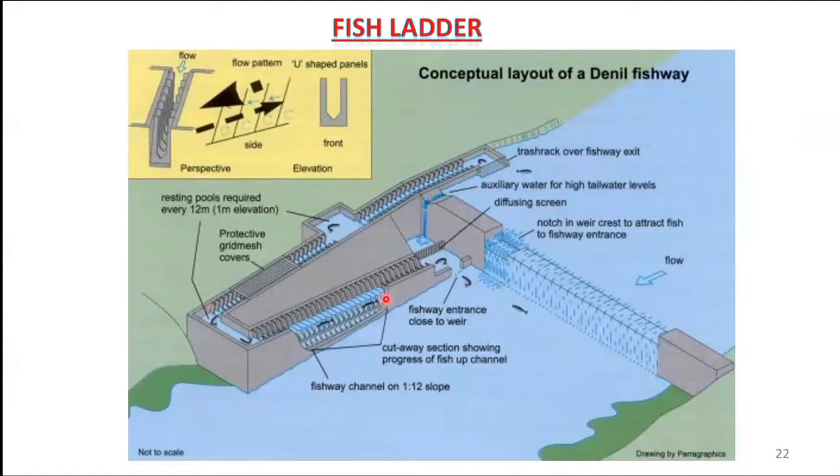This figure is very similar to a dog-legged staircase. Have you seen a dog-legged staircase? Do you have an idea? There is one landing, one flight. Then what is this one?